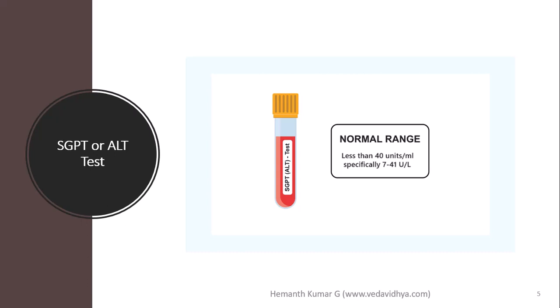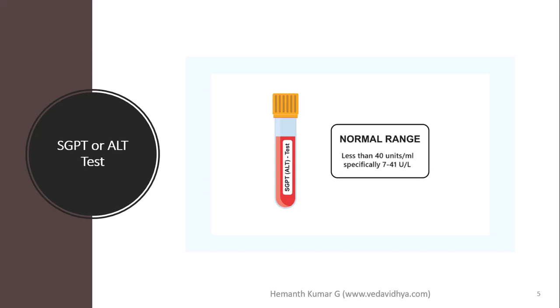Also, it's worth noting that ALT levels can fluctuate, and a single elevated result doesn't necessarily indicate a chronic liver condition. Your healthcare provider may recommend repeat testing or additional diagnostic procedures to get a clearer picture.